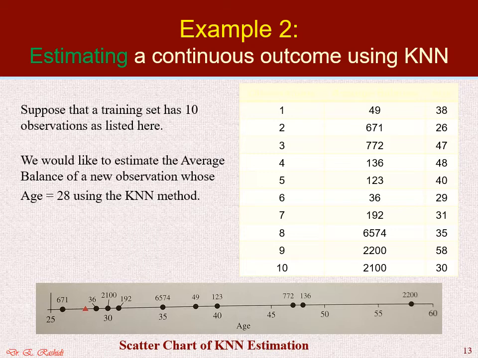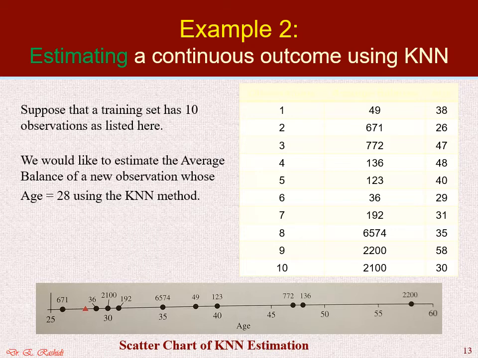Since the youngest customer here is 26 years old, the x-axis starts from 25 and goes to 60, and we have our observations spread around based on their age. So the location on this x-axis shows their age, and the number that you see on top of these little circles is their average balance, and this is our new observation, and we want to make a prediction based on its location, which shows its age, using a KNN algorithm.